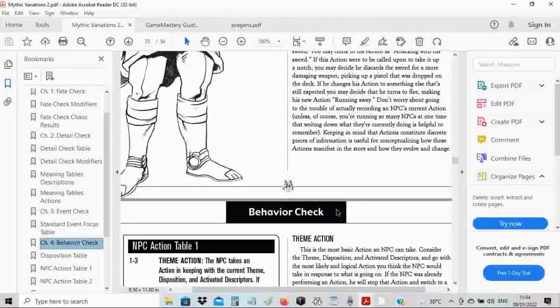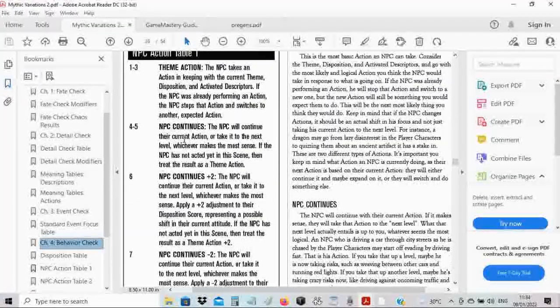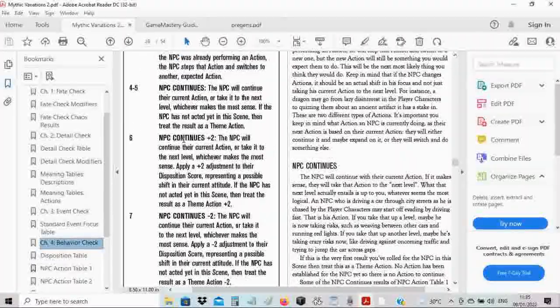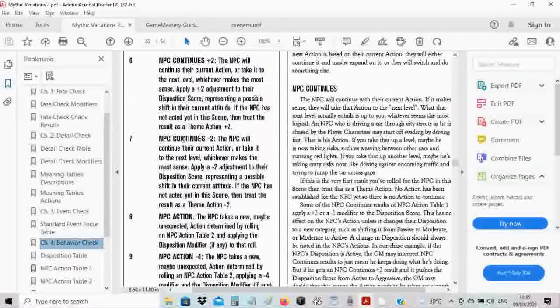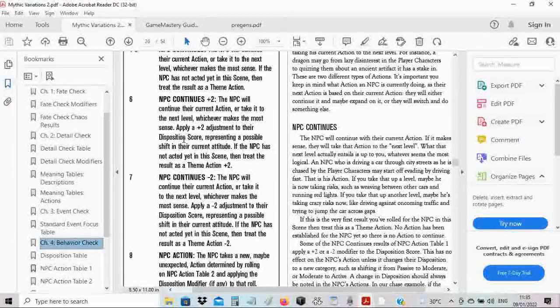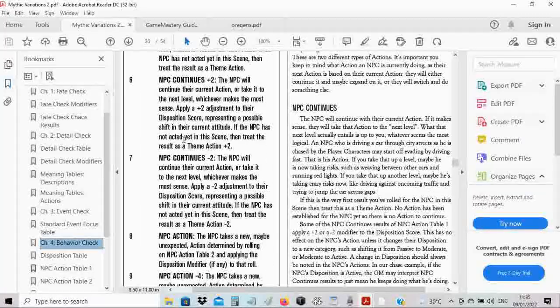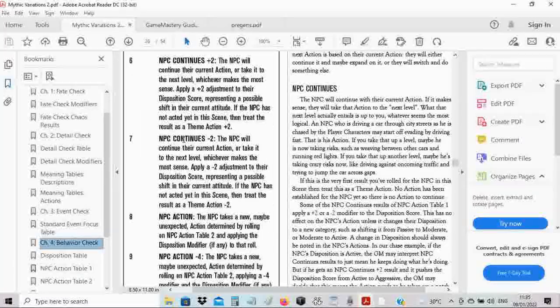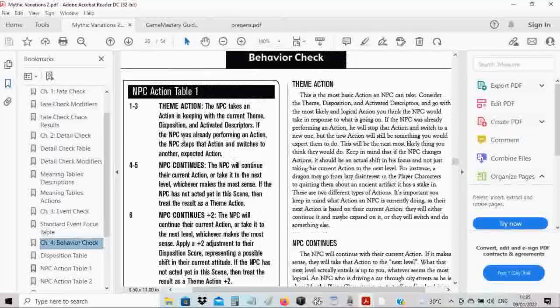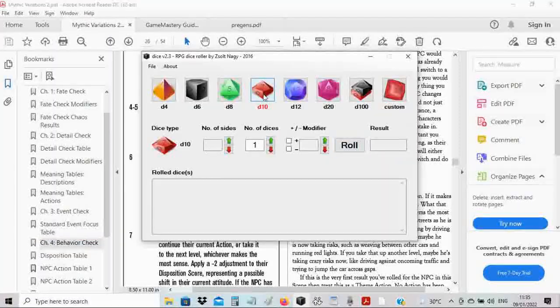So first, let's figure out what he's doing. Theme means what he might actually be doing. Like, if he's an innkeeper, then he's probably shuffling papers around or something. Okay, let's roll.